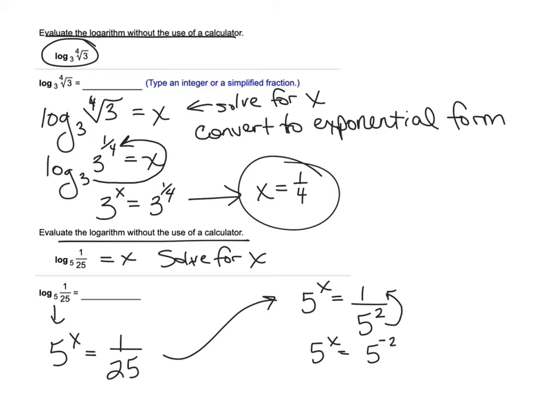Now, because we have 5 and 5, we can say that x equals -2. And there we go. So the log base 5 of 1/25 is -2.